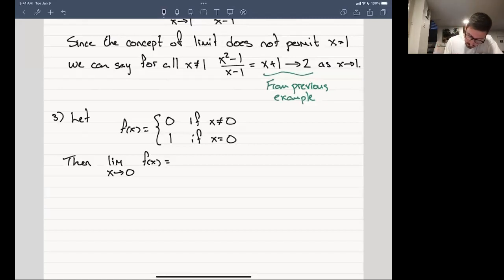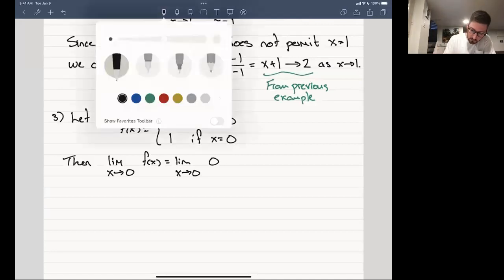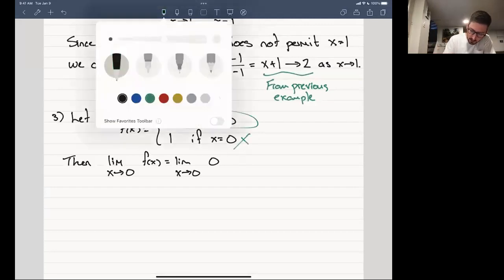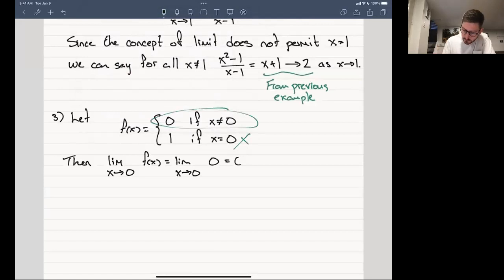So that means, as long as x does not equal 0, you're always just looking at a function that is 0, right? Because that comes from this first piece right here. You're not allowed to look here. And so clearly this is just a limit of a constant, and so it's just going to be 0. And it is worth noting here, for what we'll talk about later, if you're familiar with this, that this function is discontinuous because this limit does not equal the value at 0.